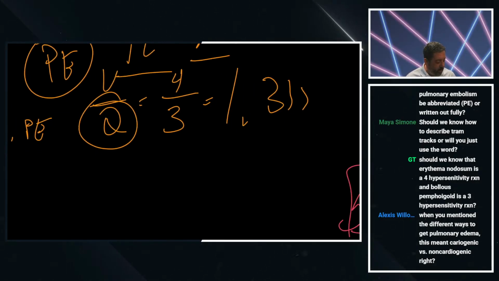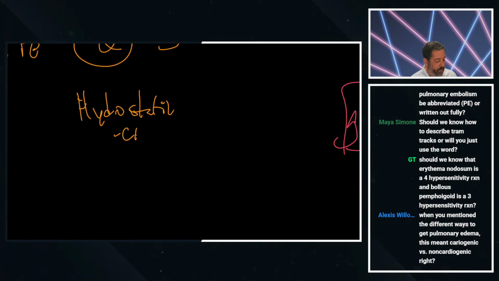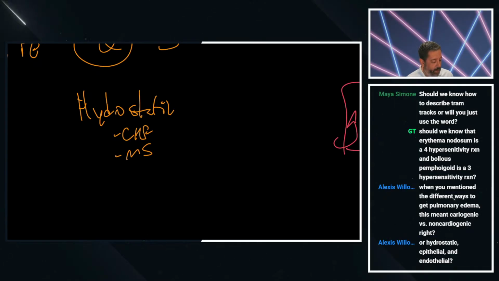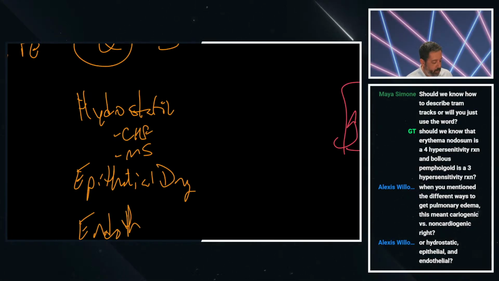So Alexis, what I was talking about was a slide in the pulmonary lecture that talked about hydrostatic as a cause, and this was your CHF and your mitral stenosis. And then it had epithelial damage, and then it also had endothelial damage.